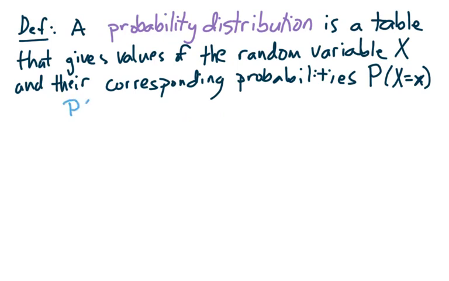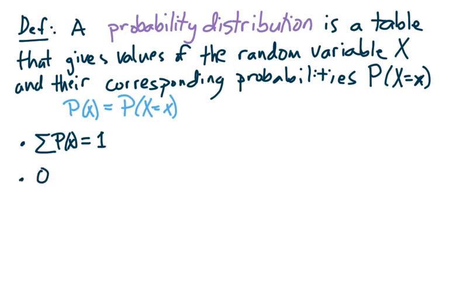And yes, most of the time, instead of writing p of big X equals little x, we just write p of little x, the probability that x equals little x. Every probability distribution must satisfy two properties: that the sum of all of the probabilities of all the values of the variable must equal 1, and that each individual probability must be between 0 and 1 inclusive.